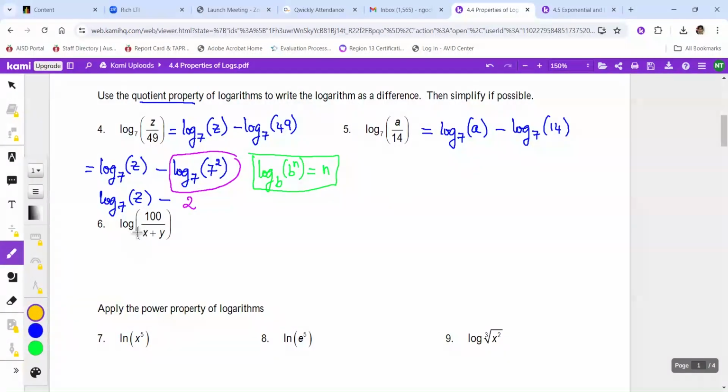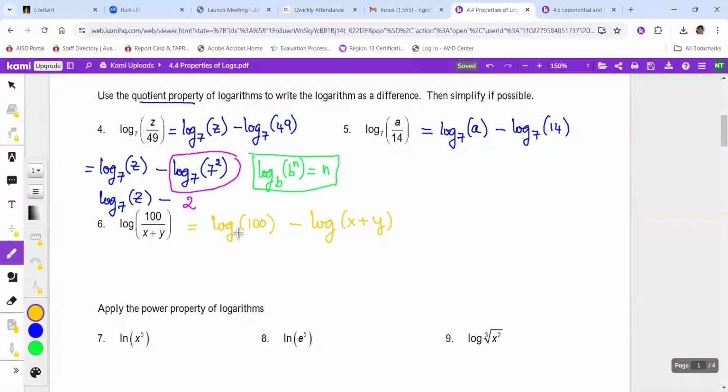And again, in number 6, we don't see the base, so it's the common log, and the base is 10. So this is log of 100 divided by the sum x plus y. Using the quotient property, we get log of 100 minus log of x plus y.